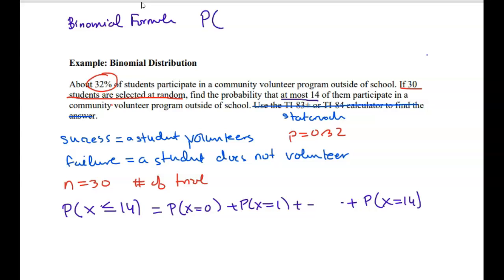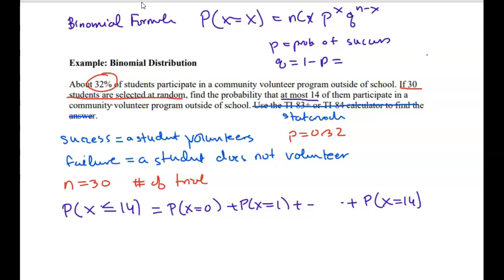Now, there is a binomial formula that says the probability that x equals a particular value is n choose x, times p to the x power, times q to the n minus x power, where p is the probability of success and q is 1 minus p, the probability of failure.